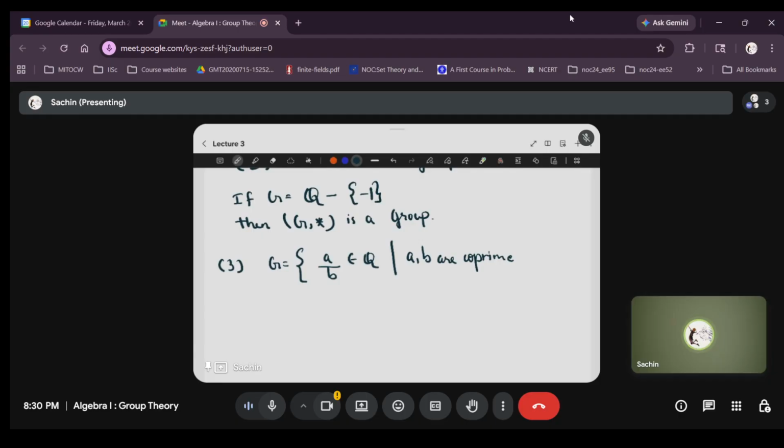So what I mean to say is that 2 by 4 is not in G. You have to write it as half. Half is in G. So you have to take the rational number in the lowest terms.